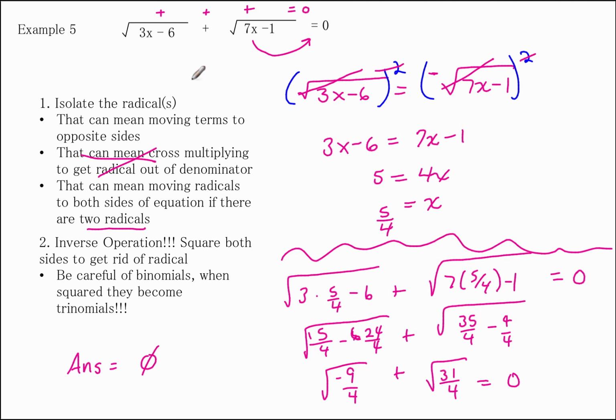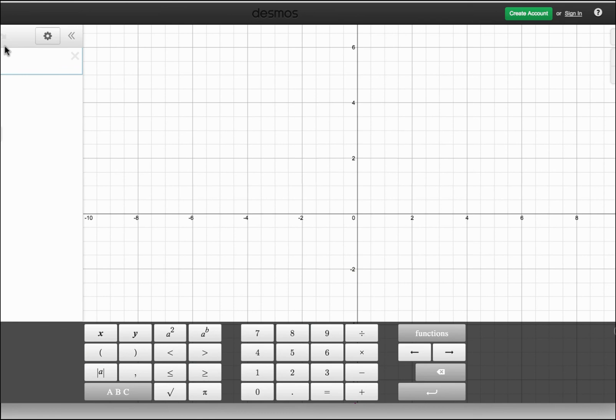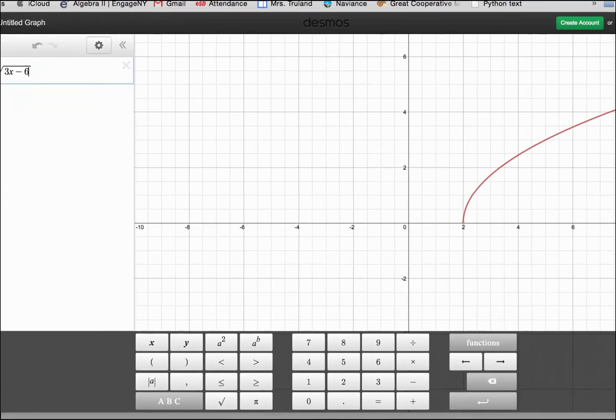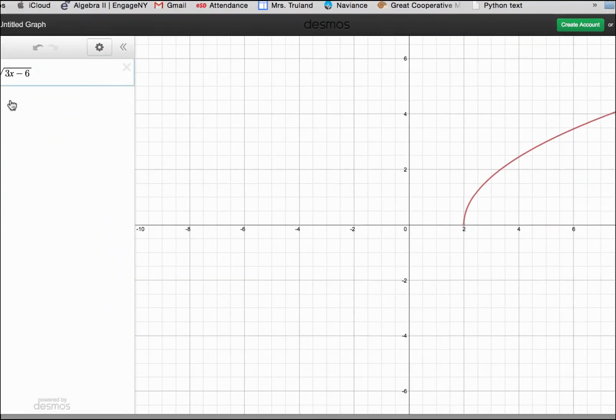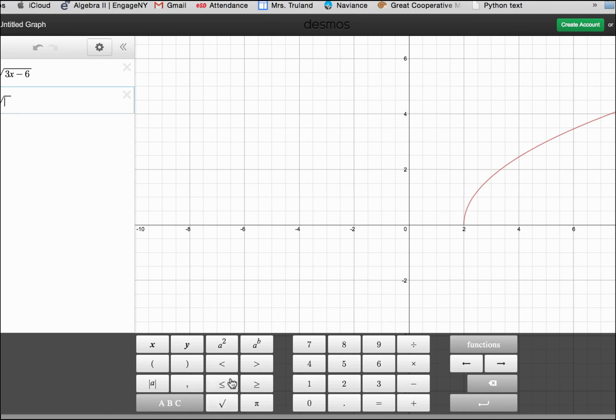So I'm going to go over here to Desmos. And I'm going to type it in. I'm going to type in square root 3x minus 6. There it is right there. What's the other one? 7x minus 1. And down here, I'm going to put the square root of 7x minus 1.